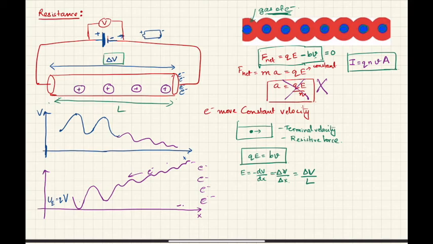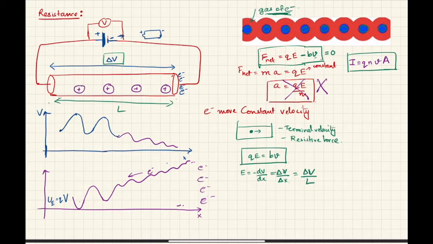Now let's come to this equation for a second. Here, what was the current defined as? Current was defined as the amount of charge flowing per unit time across a given unit area of this conductor, of this wire.